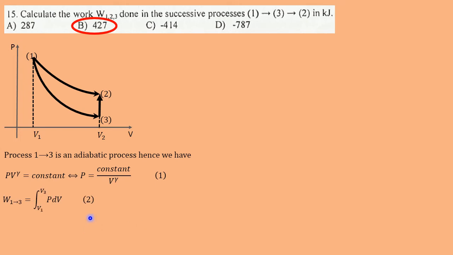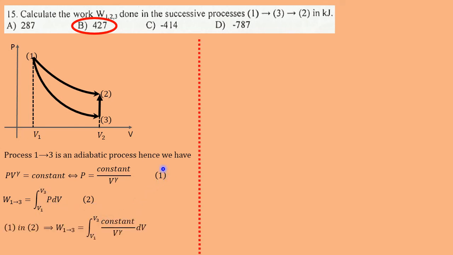W13 will then be given by the integral from V1 to V3 of P dV, which is equation 2. So when we have equation 1 substituted in 2 so that we can eliminate the pressure, we substitute for P. So we have the integral from V1 to V3 of a constant on V raised to the gamma dV.